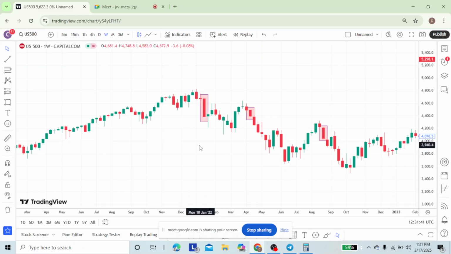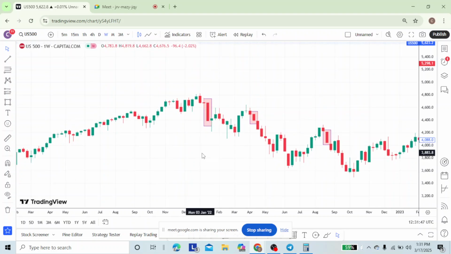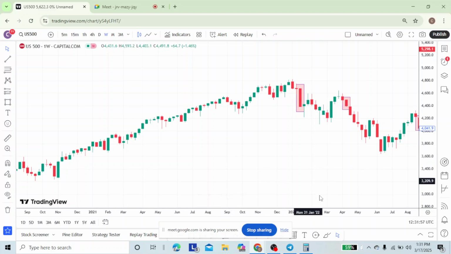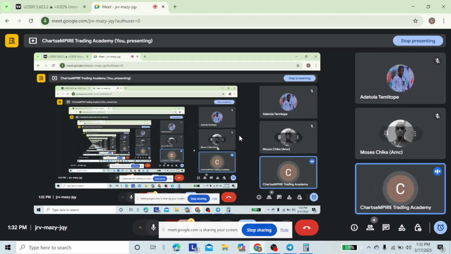So that is just what we are going to be looking at today, and in the next class we will look at some other candlesticks as well. We'll be looking at them two at a time, but for today we are just going to look at the Marabozo candlestick. So from what I've said so far, do you have any questions?